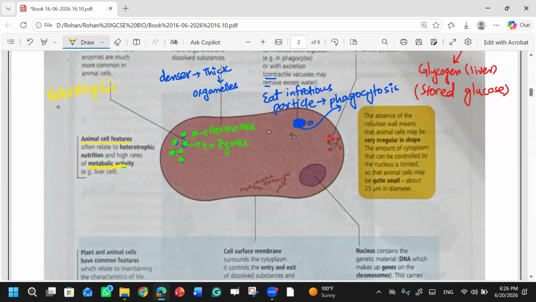Plants are not heterotrophs. You are right. And heterotrophic nutrition means they rely on a variety of food. They don't rely on just one kind of food. Heterotrophic means they rely on different kinds of food. Different types of food. Yes.